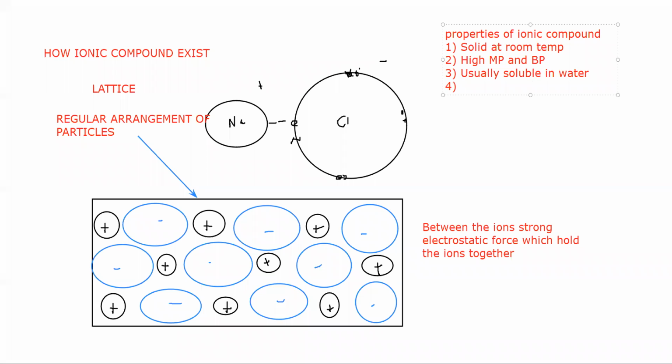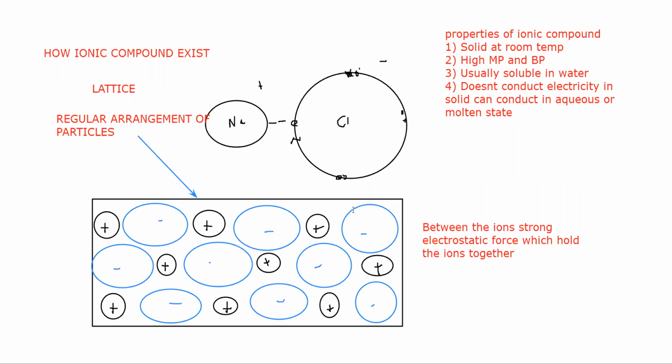Number four, does not conduct electricity in solid, can conduct in aqueous or molten state. So an ionic compound does not conduct electricity in solid but can conduct electricity in molten or aqueous state.